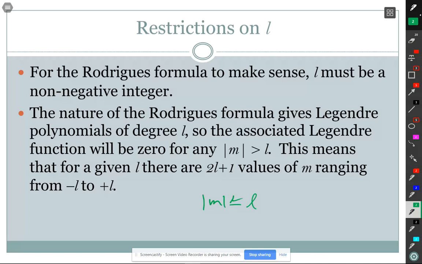It's not coincidence. Now, what does seem wrong is, if L is 2, how many values of M can you have? You can have 5 then: 2, 1, 0, minus 1, minus 2. So that means you're going to add in another 5 times 2 is 10 states. But if you look at the third period, au contraire, how many do we add in the third period? We don't add any.